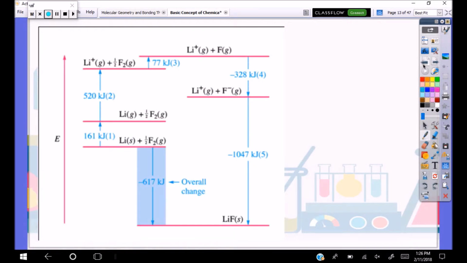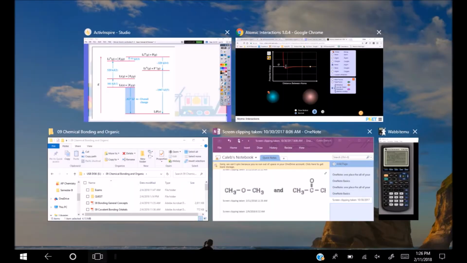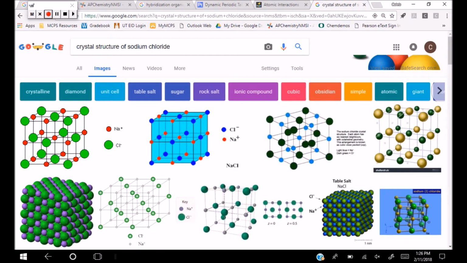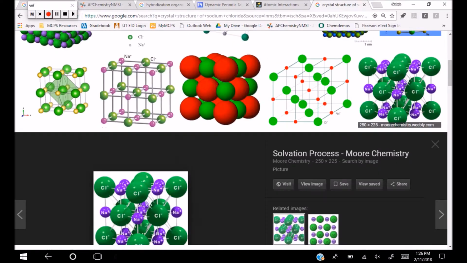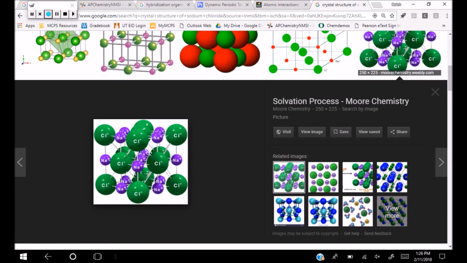Dang, I thought I put pictures of the crystal in here. So let's look at one. Let's see. So the crystal structure of sodium chloride, this is what it would look like. Something similar to this. Actually, this is a good picture. You've got this network of alternating sodiums and chlorines in their ion form, and when they arrange themselves in this way, we get a cubic shape.